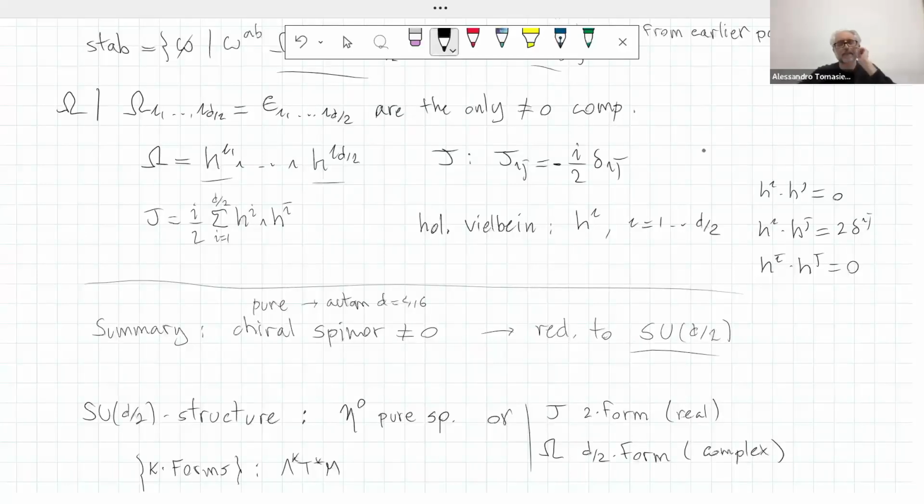This is exactly the same, basically the same relation. I don't know where this minus came from. I think this is a plus.